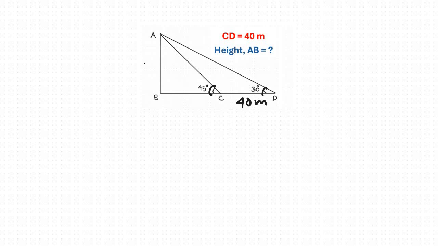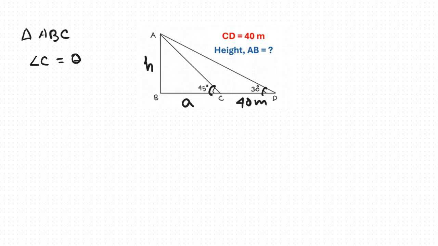So we can consider AB as H and the distance BC as A. Now from the small triangle ABC, we can consider the angle C as theta.